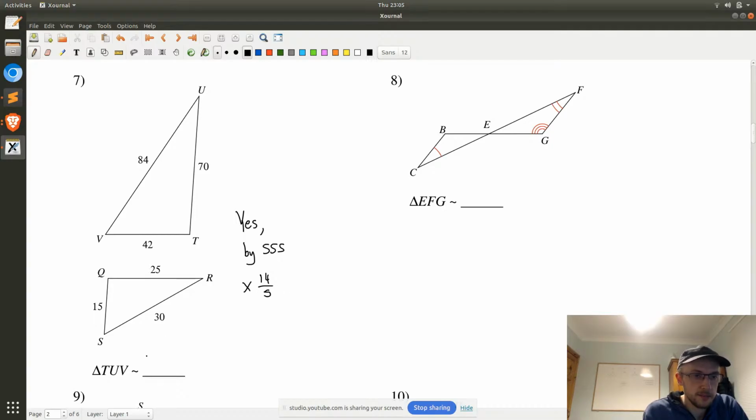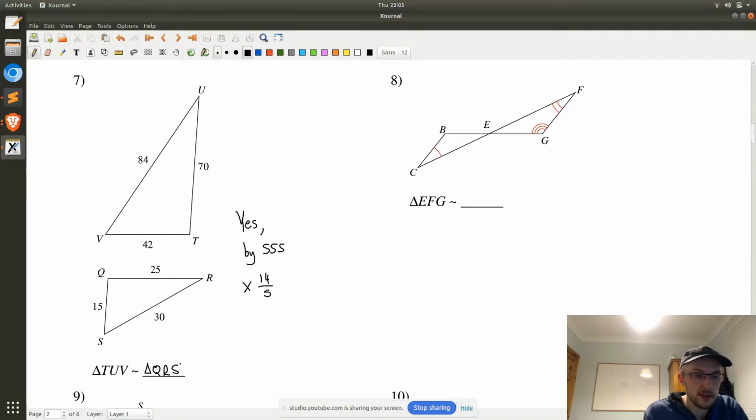And thus we can pronounce that, there's 2 ways, but it's not ordered, so it's fine. Triangle TUV is congruent to triangle QRS. Not congruent, it's similar. Read it right.